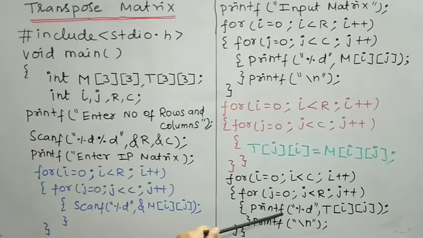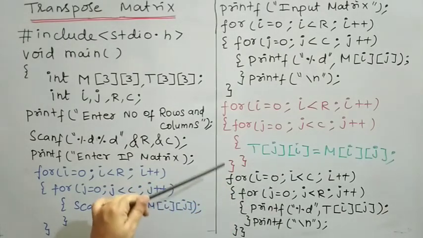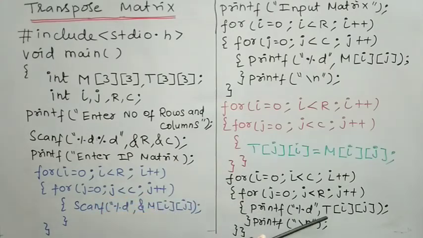Then this printf statement will print the elements in the transpose matrix T. After printing one single row, we need to move to the next line to print the second row elements. So we are using this printf statement to move to the next line. If we use printf \n, it will move to the next line. Each row element is printed in one single row, and then using this nested for loop we are printing all the elements in output matrix T.